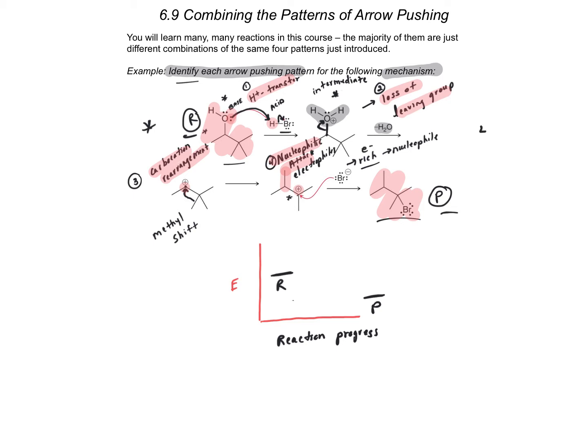We have 4 separate steps here, and each step is going to have its own activation energy and its own rate law. So in going from R to P, we would draw 4 separate humps, 4 separate transition states.